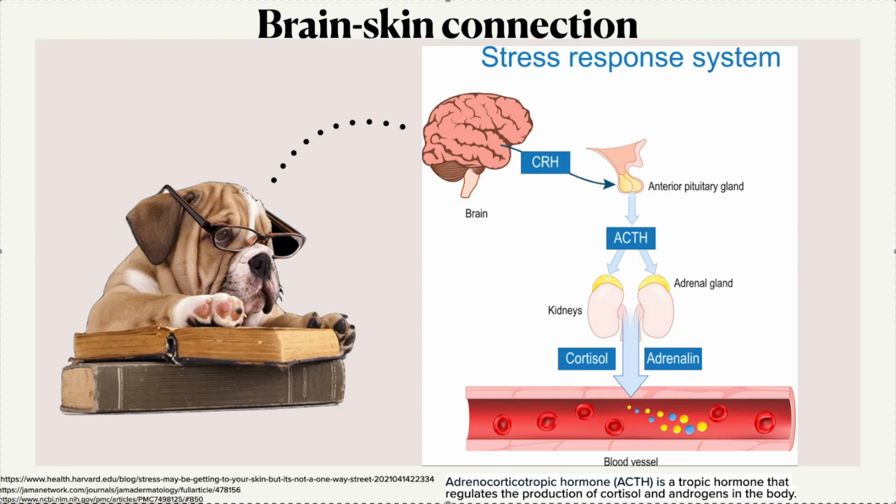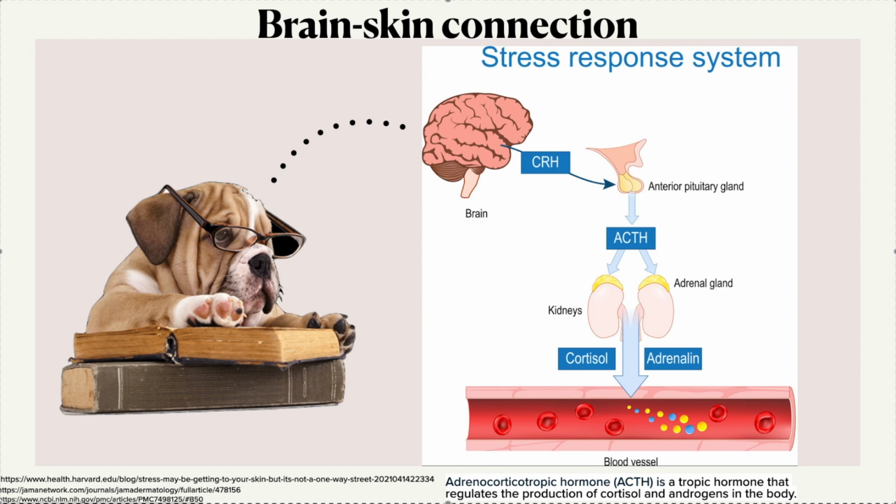Now, the correlation between inflammation and stress has been coined the term the brain-skin connection. So, the brain-skin connection is when someone is experiencing intense stress in a long-term period.